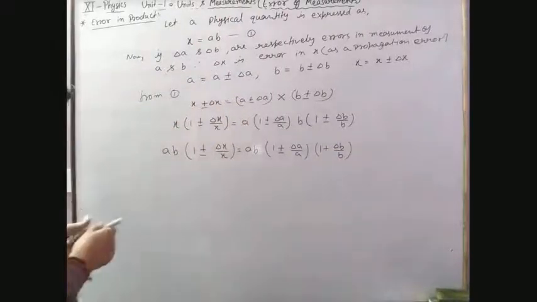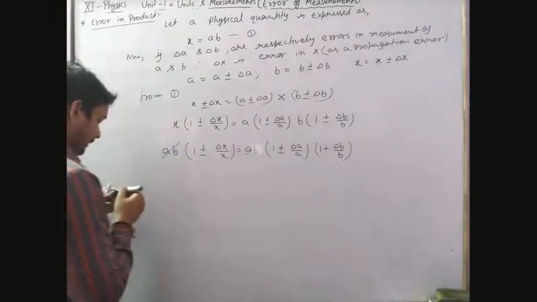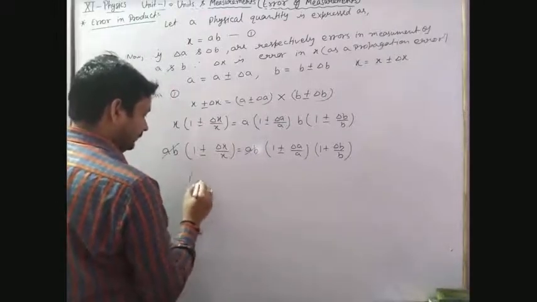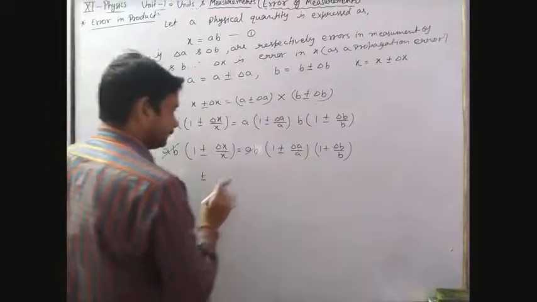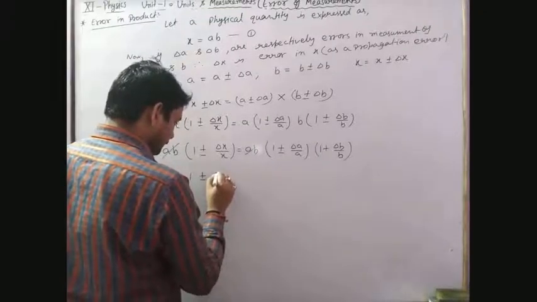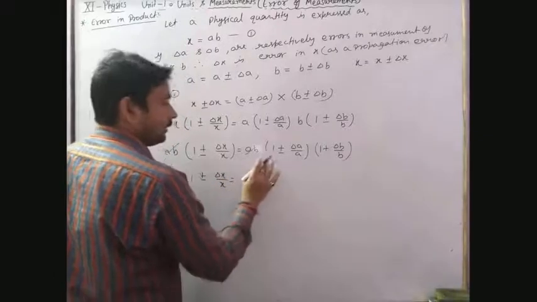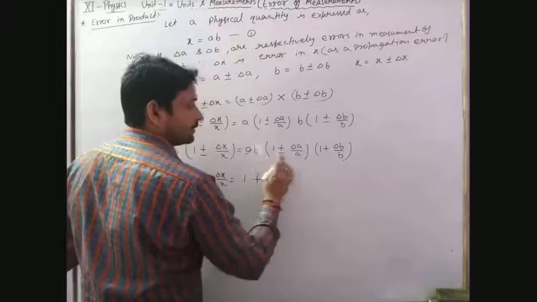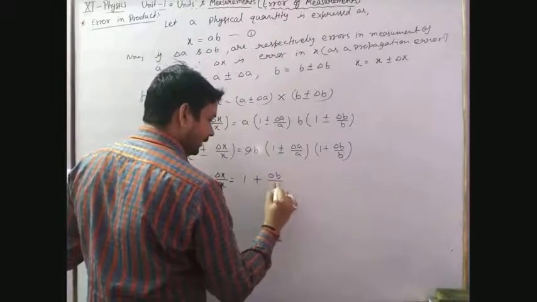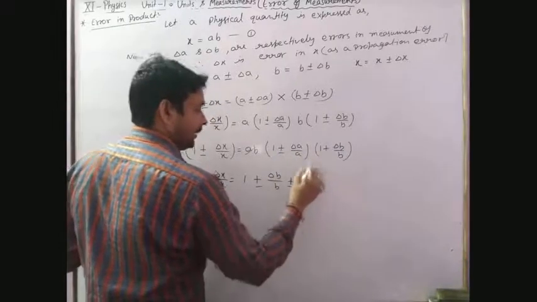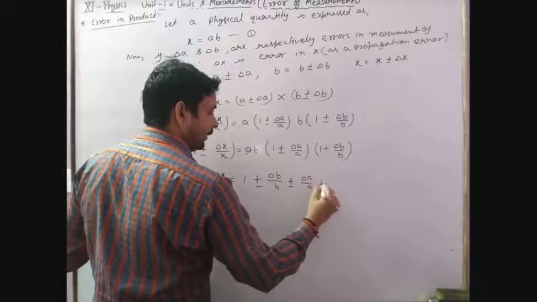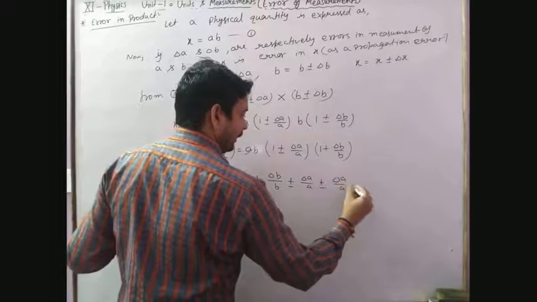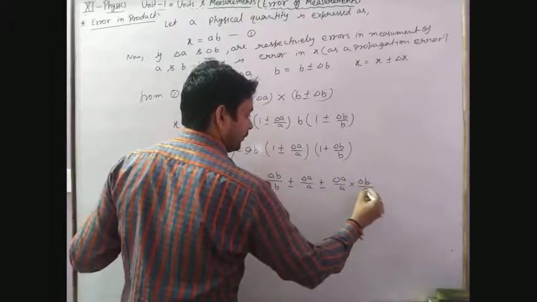Okay, now you can easily observe here that this value is cancelled, and 1 ± δx/x. Multiplying here, we get 1 ± δB/B, plus minus this multiplied here δA/A, and plus minus when this is multiplied, δA/A into δB/B.